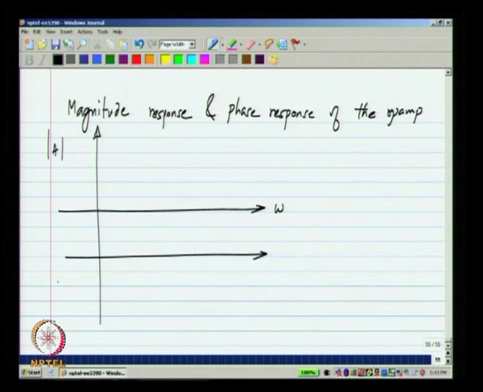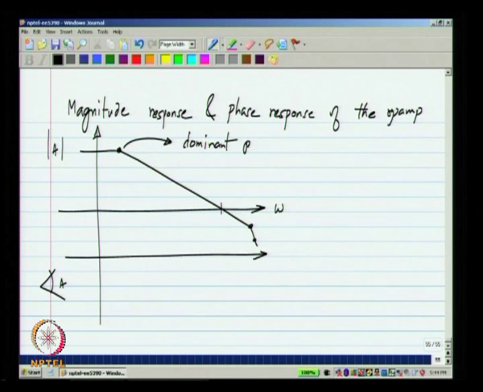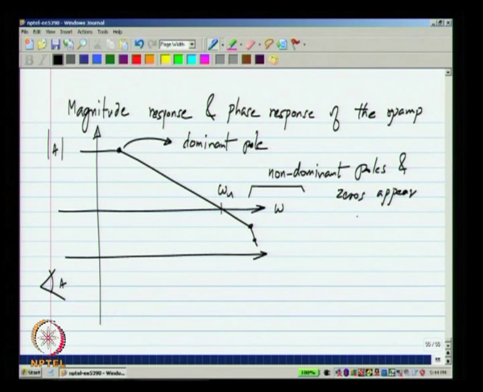You will be given magnitude of A and angle of A, and most of the commercial op amps will have this Miller compensated structure, the dominant pole compensated structure, meaning there will be a single low frequency dominant pole below the unity gain frequency of the op amp, and all the non-dominant poles and zeros appear beyond omega u.